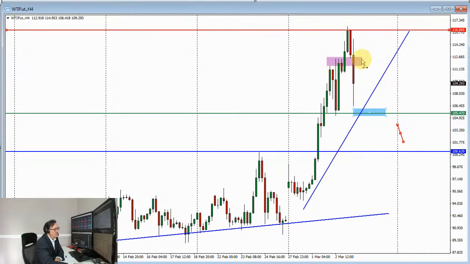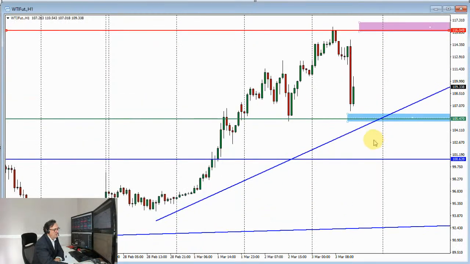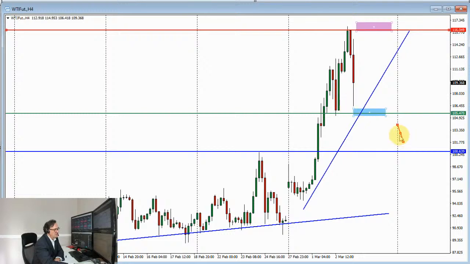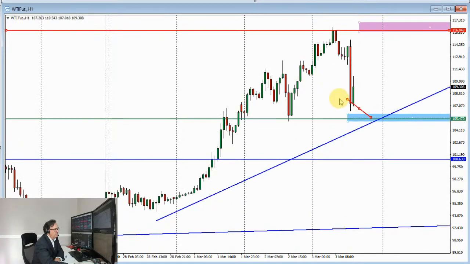So if we see a decent retracement, some profit taking, and then a nice reversal potentially, but I definitely would not be looking to short sell crude oil anytime soon, because this appears to be a really, really bullish period for crude oil.